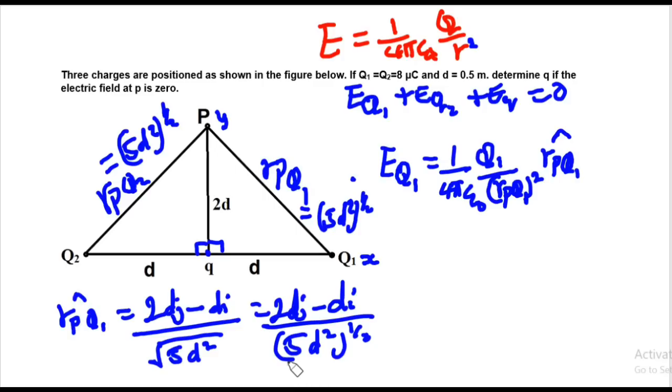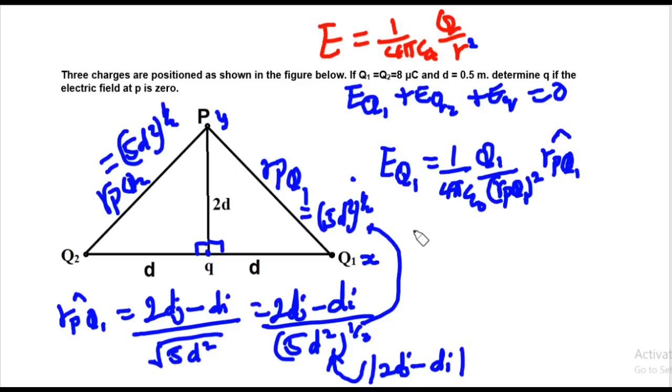So we have 2D j minus D i upon 5D squared to the power of half. The modulus of this, with j and i as the directions, gives us this, so that's what we'll be writing here.